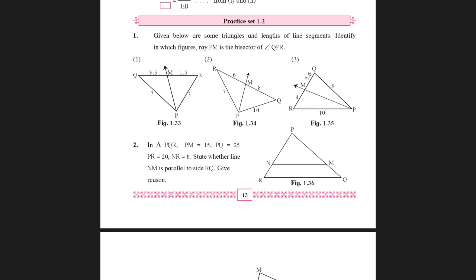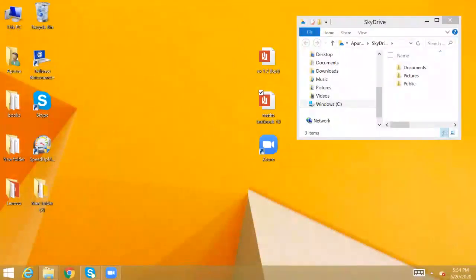The theorem is BPT. So if PN upon NR is equal to PM upon MQ, then we know that NM is parallel to RQ. It's not the converse, it's basically BPT itself. So if this ratio is equal, then it follows that NM is parallel to side RQ. So let's see how to do this.